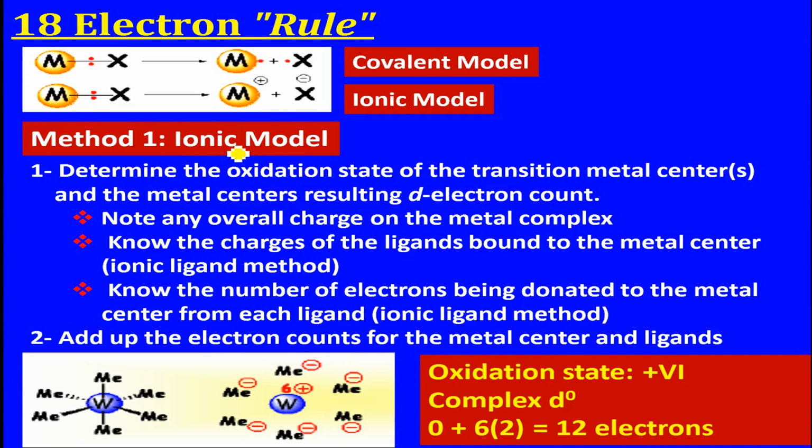In general, we prefer the ionic model. How to count the electrons in an organometallic complex according to the ionic model?